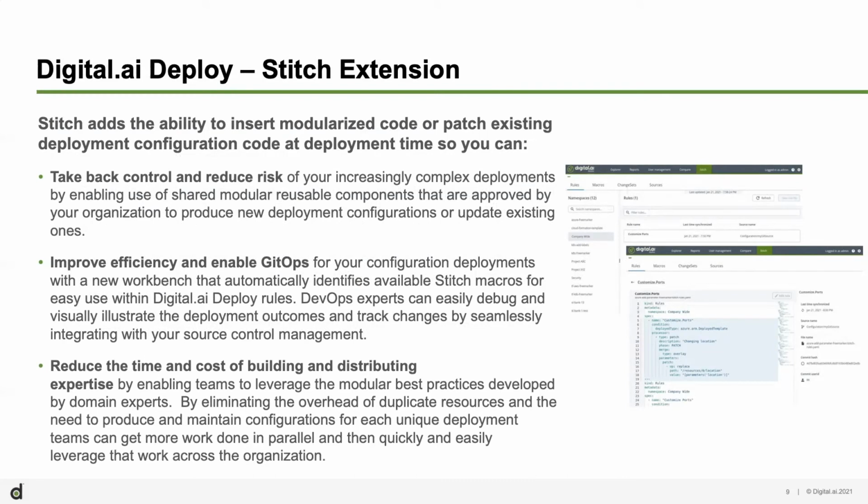So, as you're doing cloud native at scale, you're not only thinking about having a configuration file for deploying one application into one specific environment, whether that's your development environment, your test environment, your production environment. But as you're really trying to scale things out, you have many, many, many configuration files. And rather than having people copy and paste these files and trying to keep track of these now thousands of different files, what this enables you to do is use shared modular reusable components that are approved by your organization to produce these new deployment configurations.